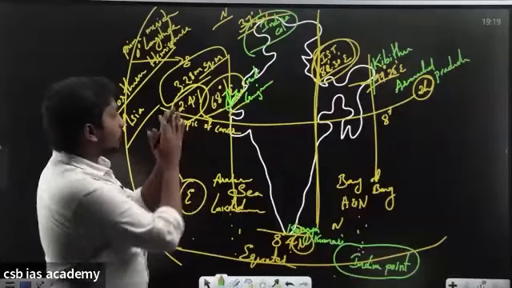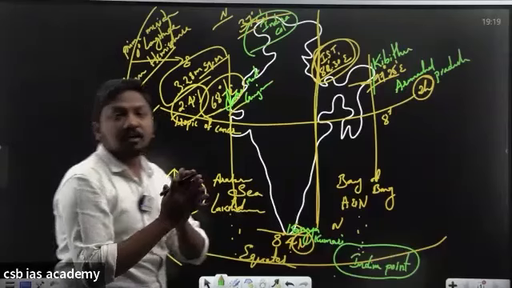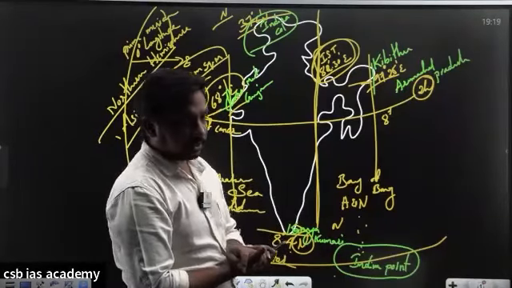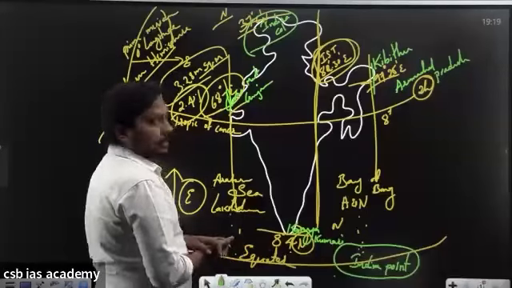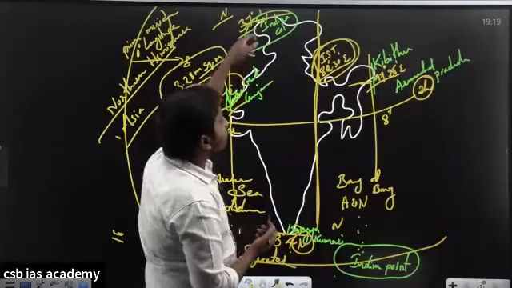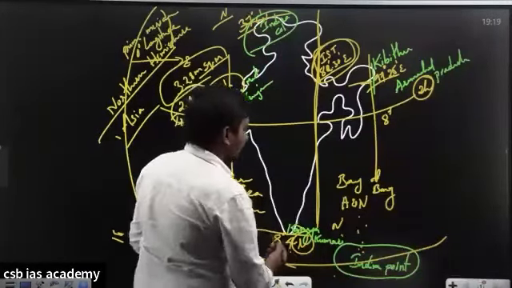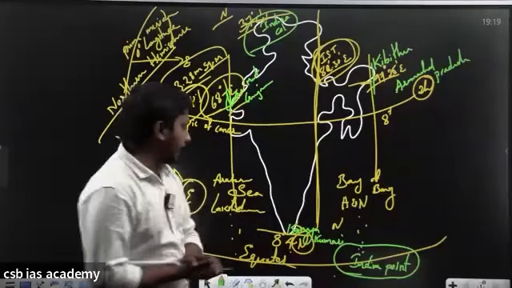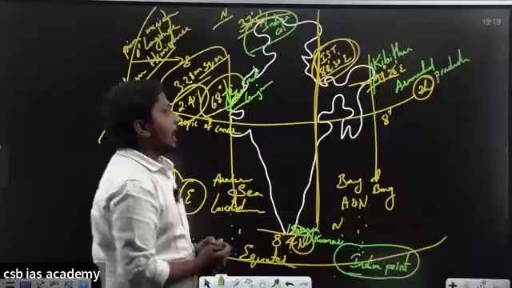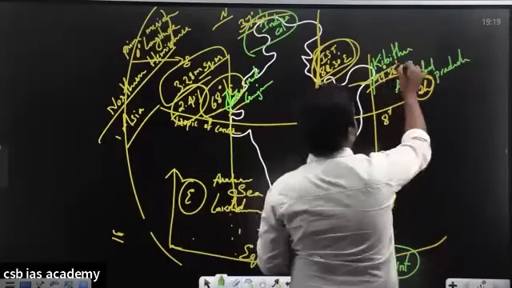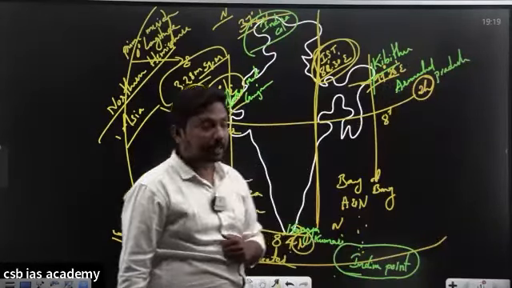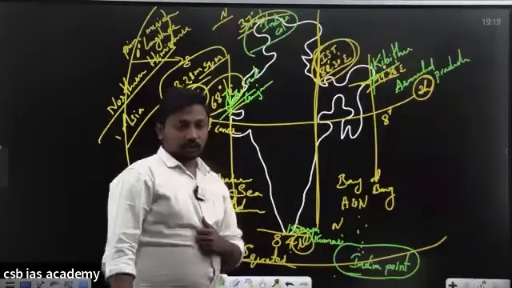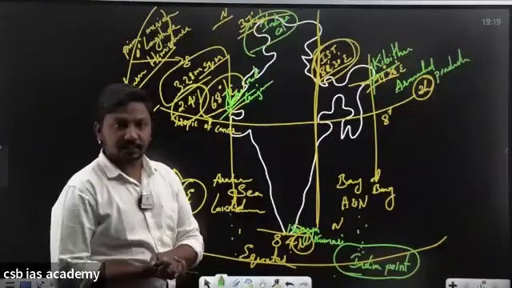So these are the northernmost, southernmost, easternmost, and westernmost tips. These are not given in the textbook. You can make a note of it, right? So the northernmost tip is Indira Col, the southernmost tip is Indira Point, the southernmost tip of the mainland is Kanyakumari, the easternmost tip is Kibithu in Arunachal Pradesh, and the westernmost tip is Guhar Moti in Gujarat. Am I very clear with this?